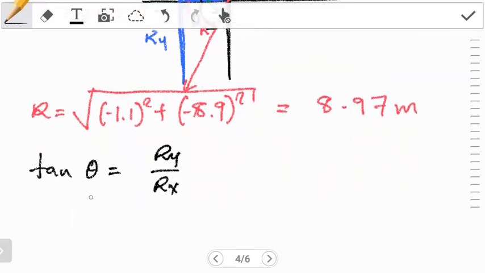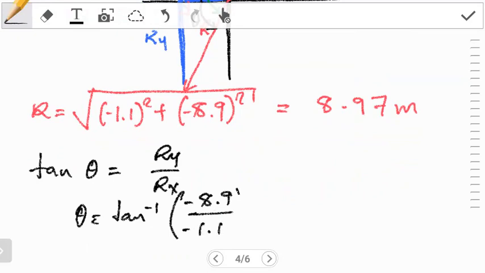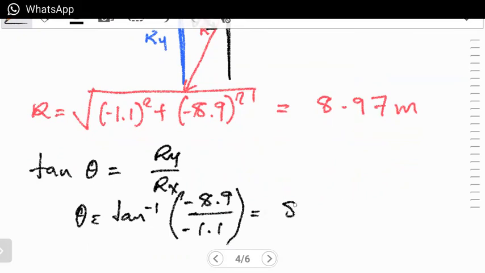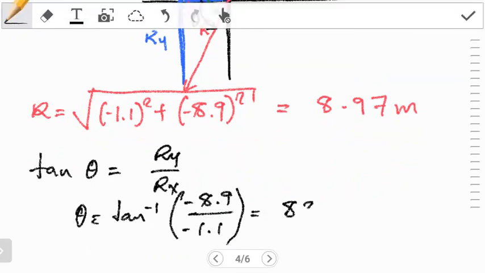So from here, what you should notice is the angle is given by tan inverse. We substitute. Ry is negative 8.9, Rx is negative 1.1. The negatives cancel out. We get the angle as 83 degrees.